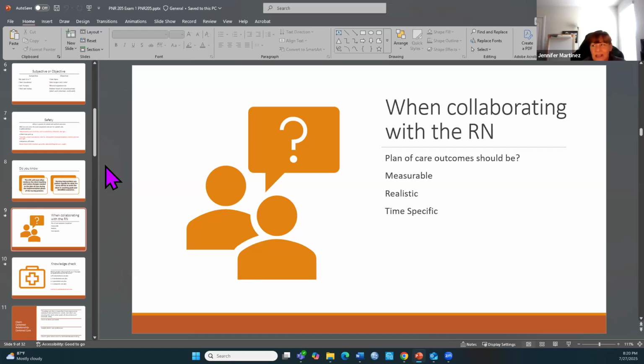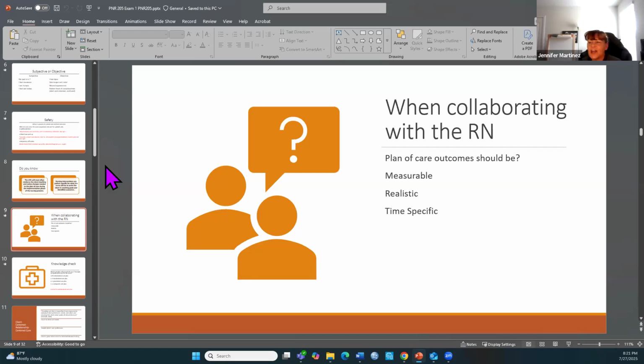That's time specific, it's measurable, it is realistic, right? Because they really should be using it. But it's going to be tailored to your patient. So we have to make sure they're measurable, realistic, and time specific, right?